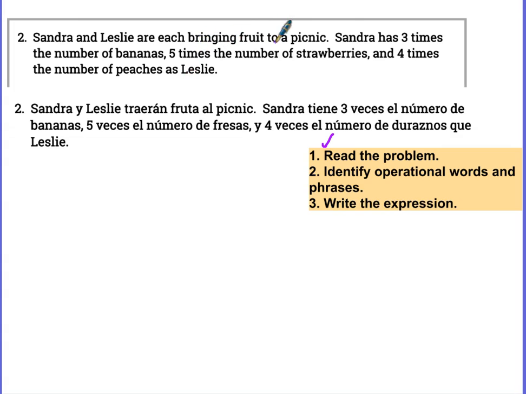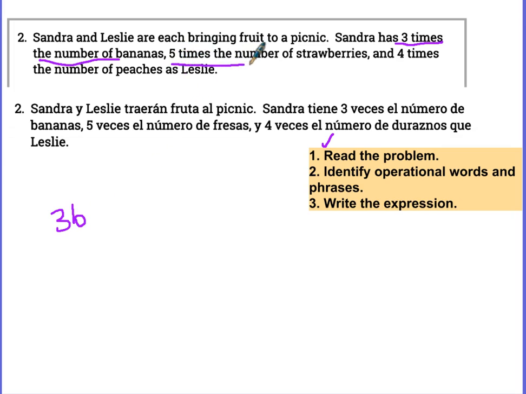So I need to go through and pick out operational words and phrases. 3 times the number of bananas. 3 times. So I'm going to multiply whatever the number of bananas are by 3. So I'm going to have 3 times B for bananas.